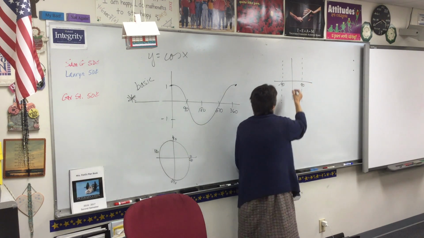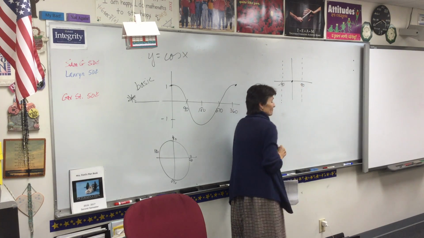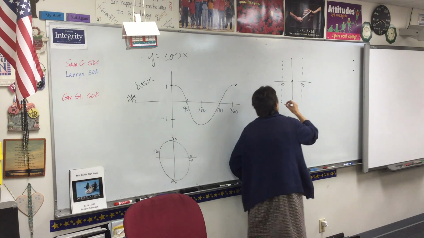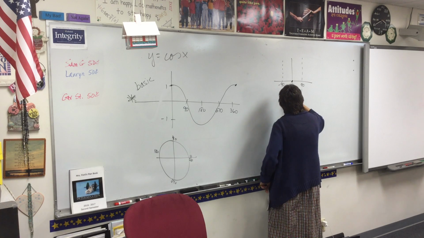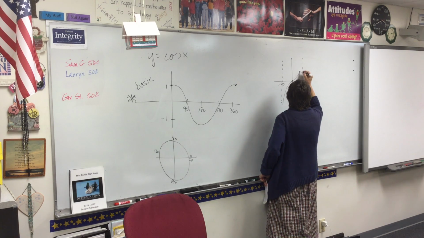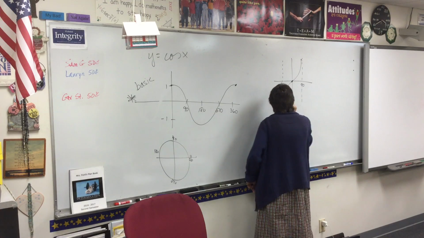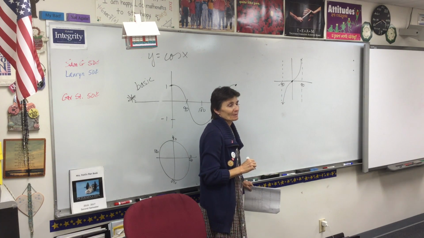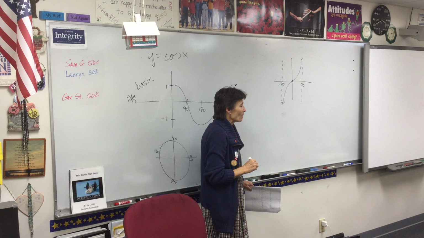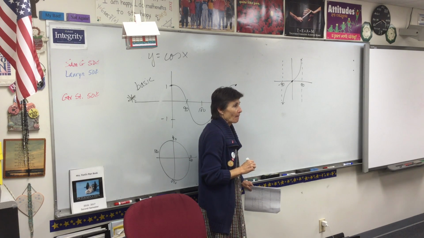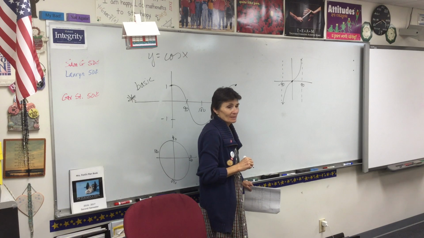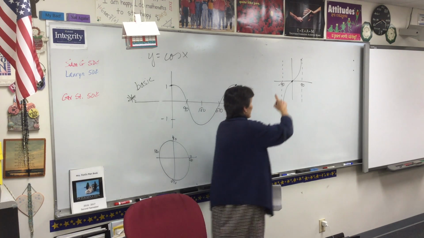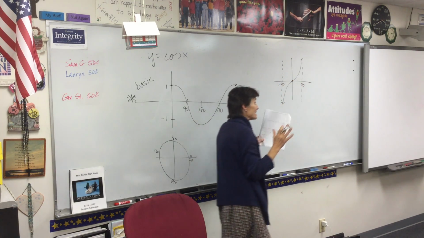Put a dot at the origin, and then put in one of those squiggles between those two asymptotes. What does that remind you of? The cubing function. It looks just like the cubing function, except it has the asymptotes that contain it.